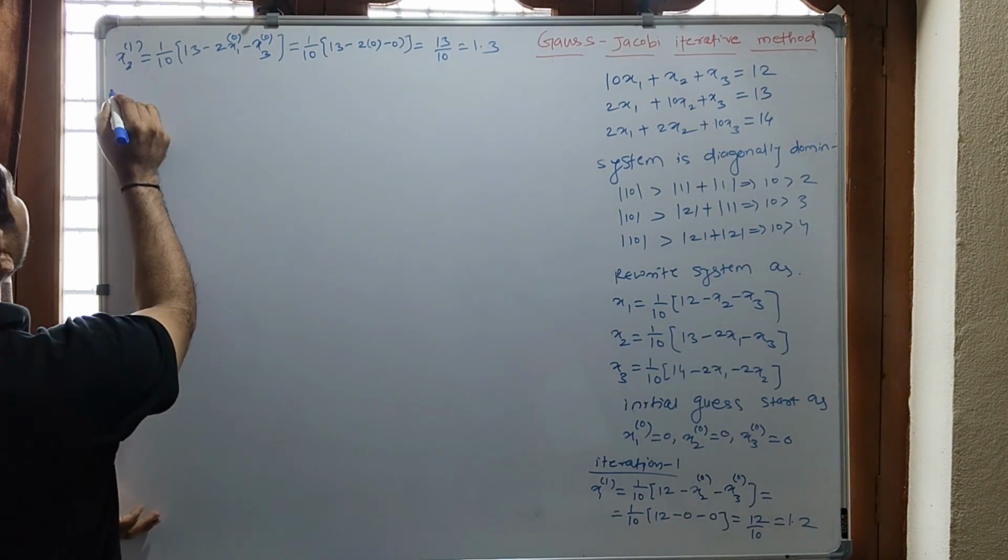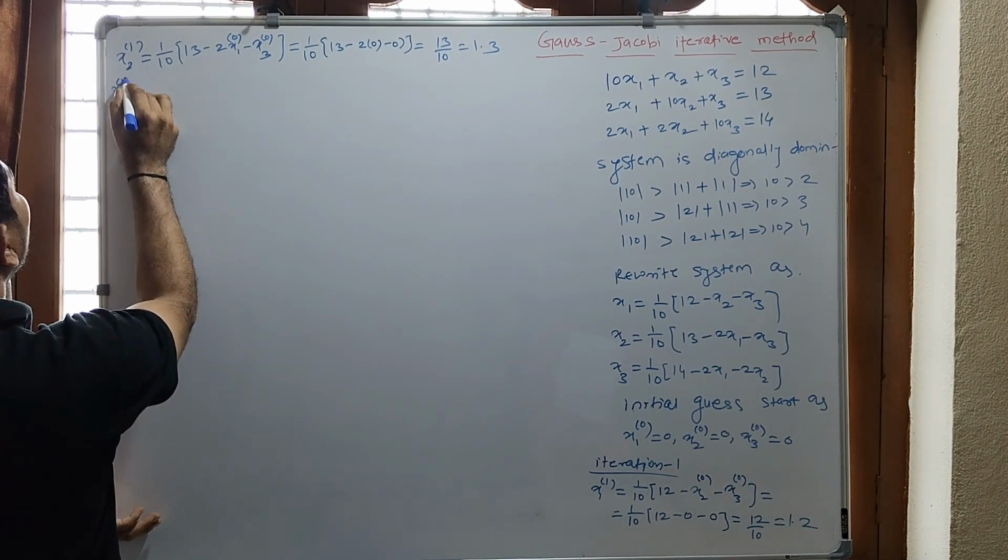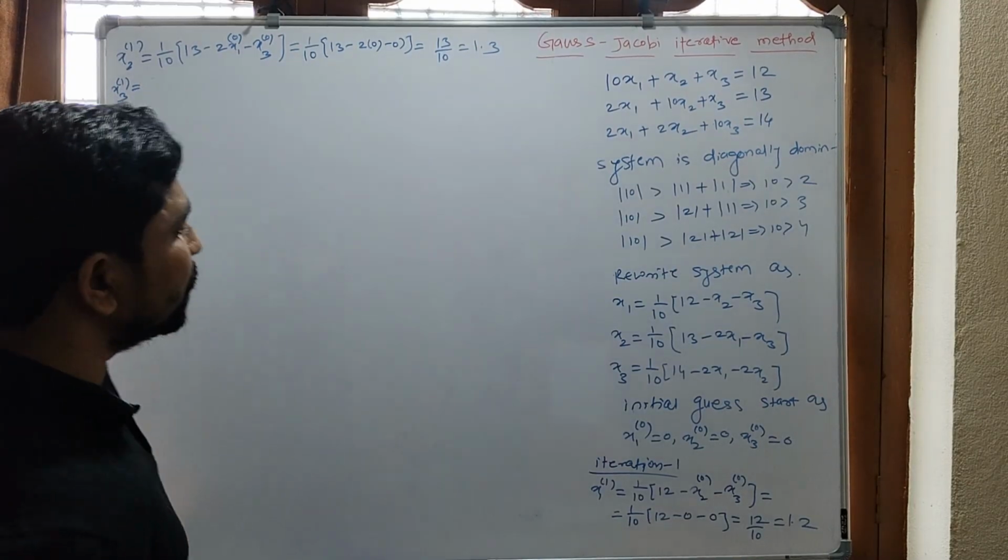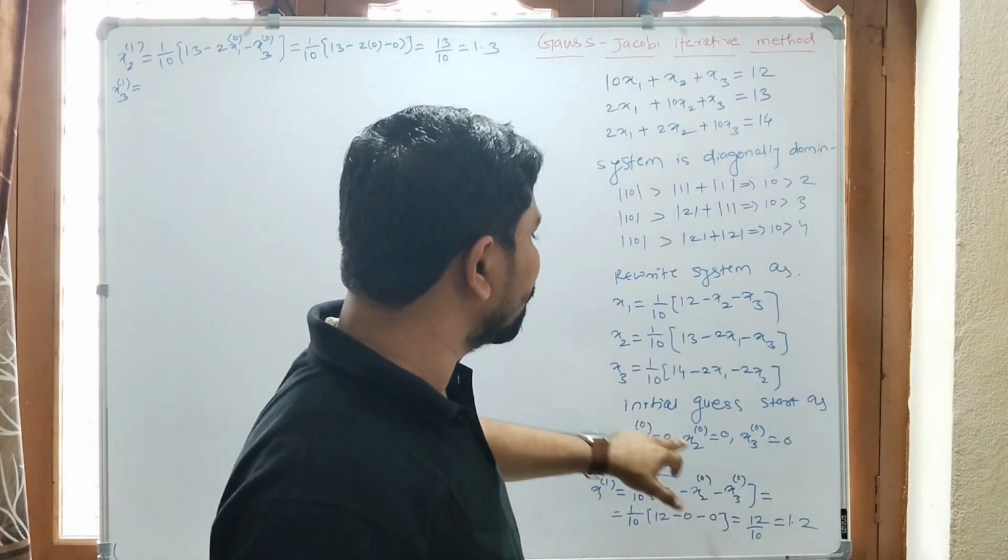Now, while finding x3 at 1, I will use x1 at 0 and x2 at 0.